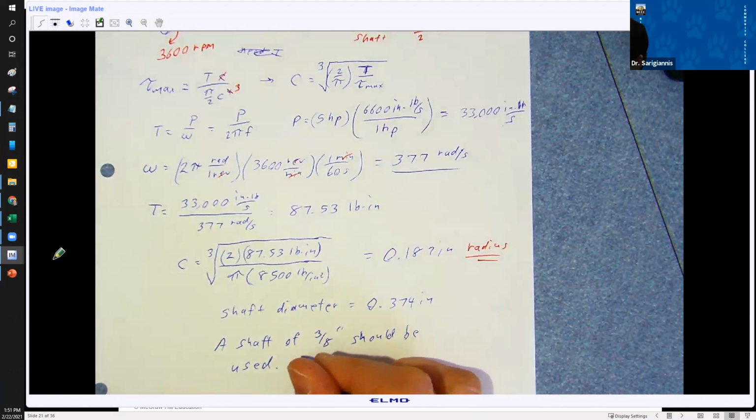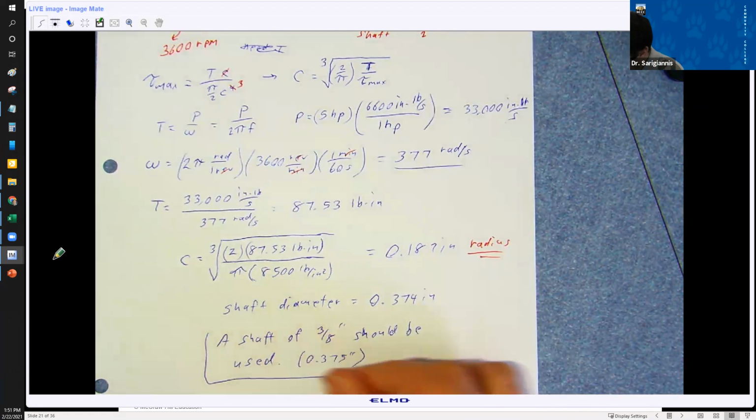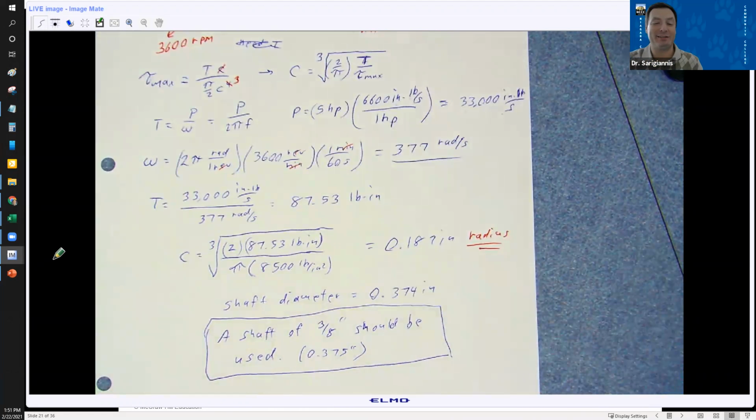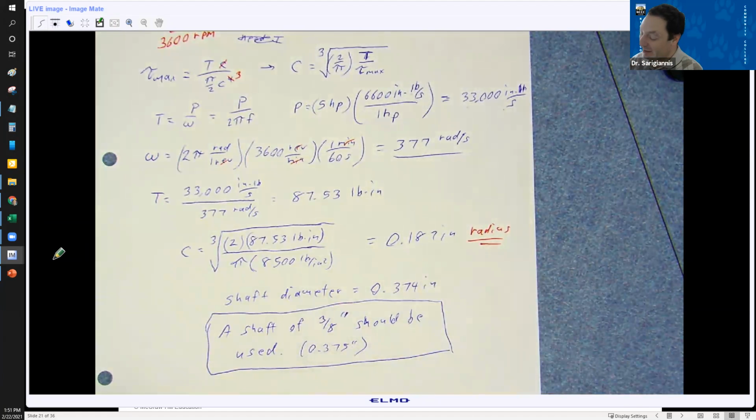Notice 3/8 inch is 0.375 inches. I went up to the nearest round shaft diameter, right? What's the nearest shaft diameter? So if I tell you round up to the nearest 1/8 inch or millimeter or whatever, round your value up, okay? All right, so that's basically shaft design.